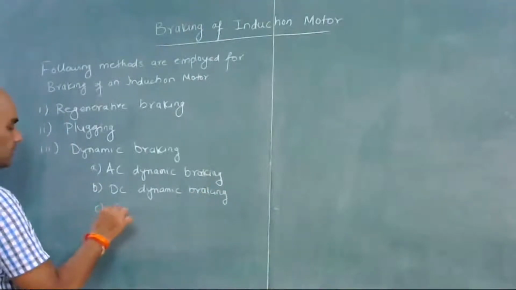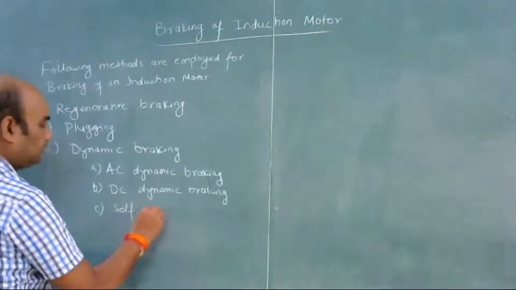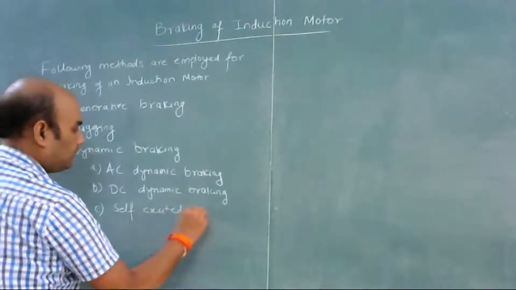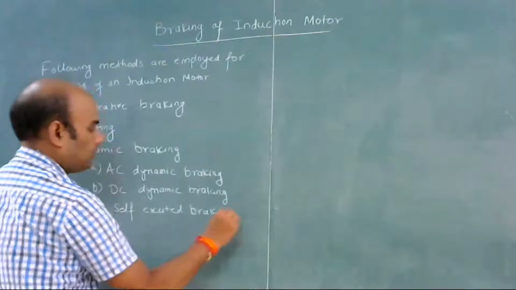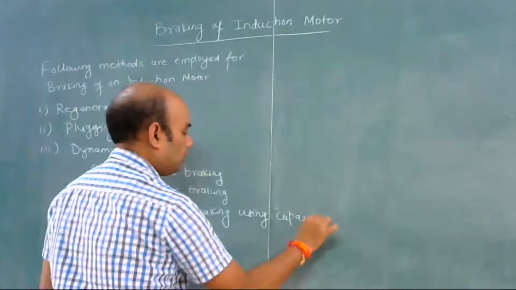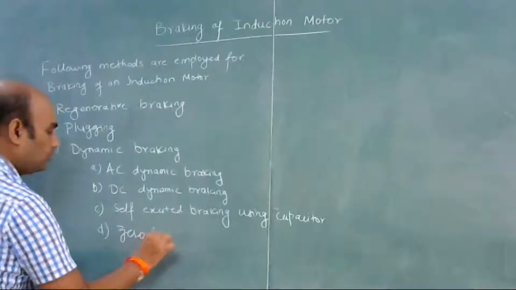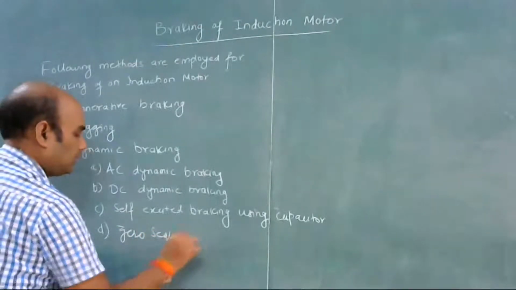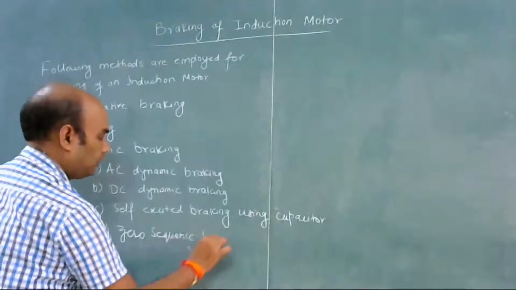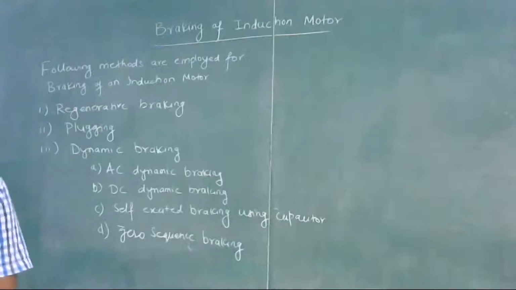Third is self-excited braking using a capacitor. And fourth is zero sequence braking. So these are the various methods which are employed for the braking of an induction motor.